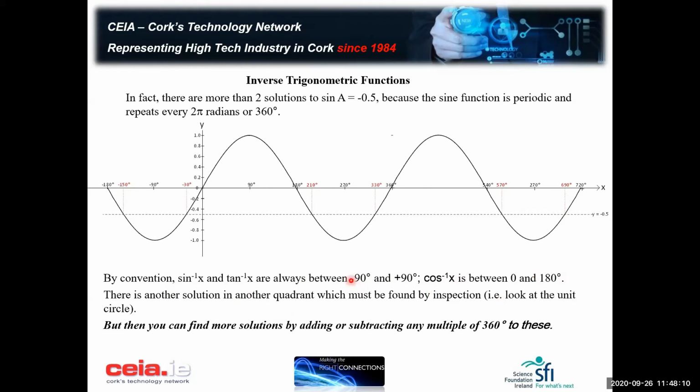So you get one result in those quadrants for those functions. And then you'll need to look at the unit circle to see where the equivalent result is in another quadrant. And you'll see two solutions in the unit circle.